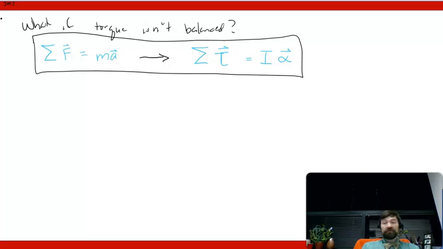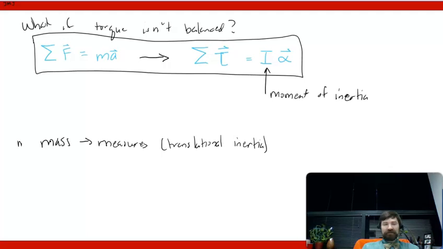Now I will go into more detail about what this term right here represents. This is what's called moment of inertia. And I will discuss that in more detail in a future video. You could think of it in some sense as follows. The mass, often represented by an m, measures translational inertia.